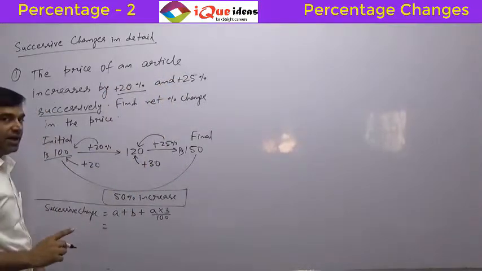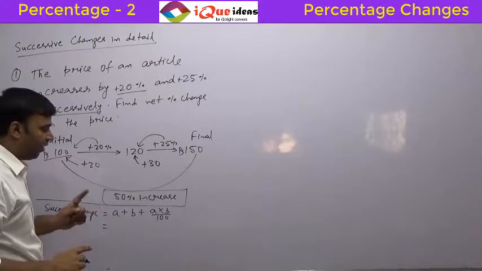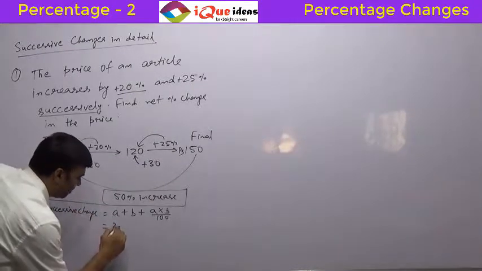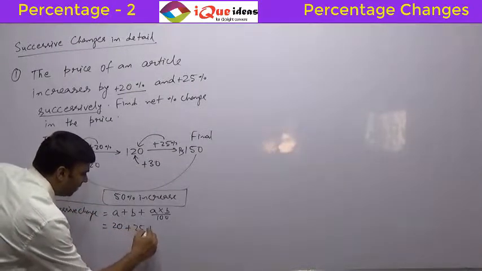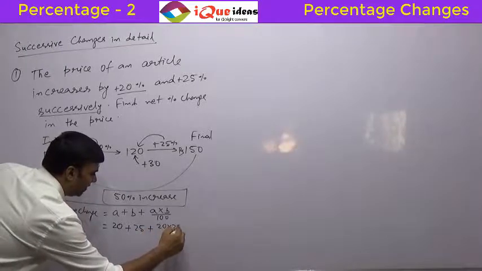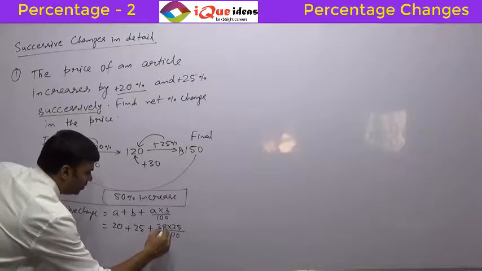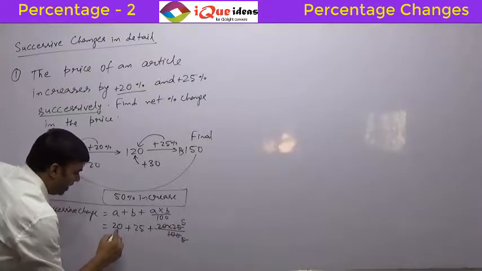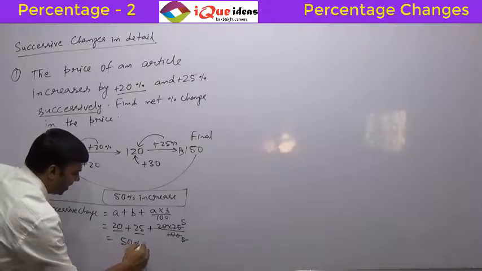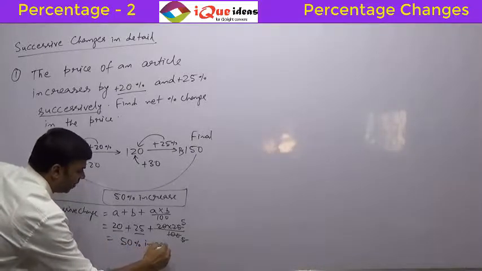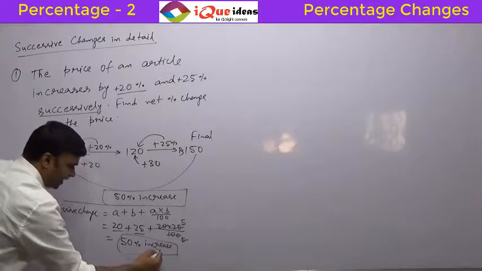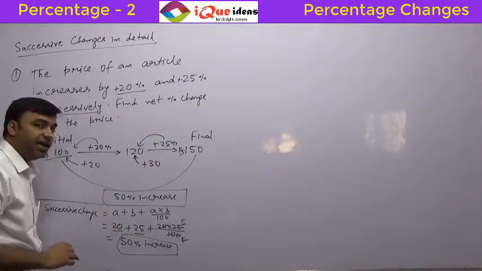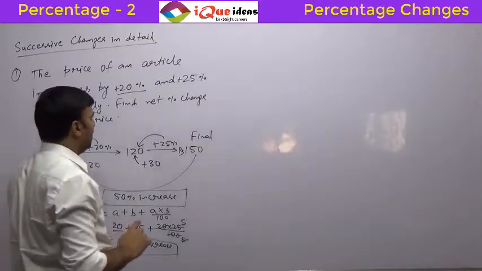You have to be careful to always put the sign of A and B. So A is plus 20, B is plus 25, plus 20 into 25 divided by 100. 20 cancels 100 five times, 5 cancels 25 five times. So 20 plus 25, 45, plus 5, that is 50. So 50% increase. This will automatically come out positive if it is an increase, and negative if there is a decrease.